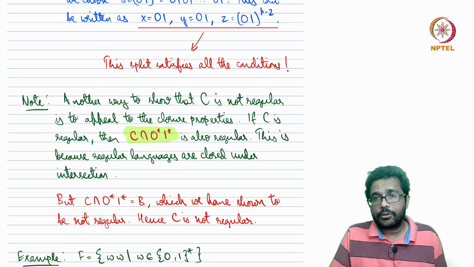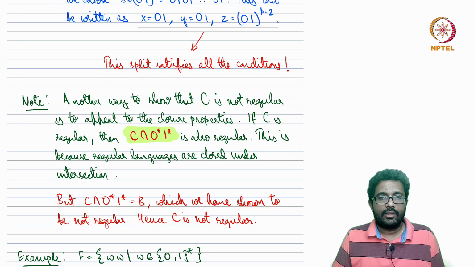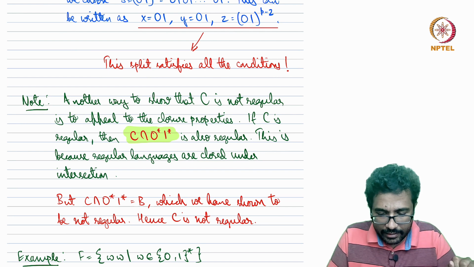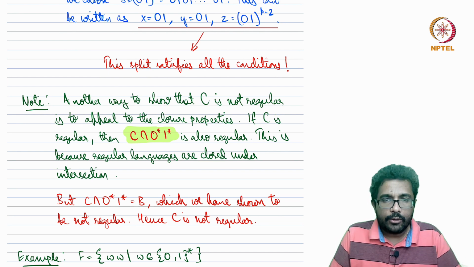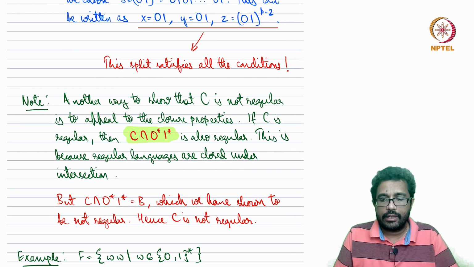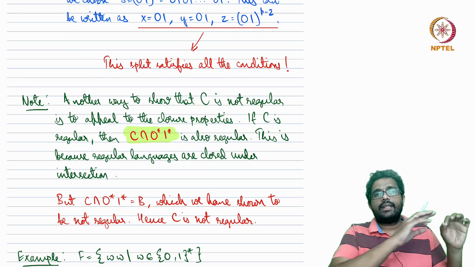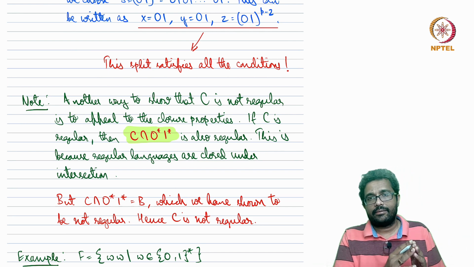So the intersection is also regular because regular languages are closed under intersection. But what is C intersection this? In other words, the set C is a set of all strings that have an equal number of zeros and ones, and out of these strings, which are the ones that take the 0 star 1 star structure?